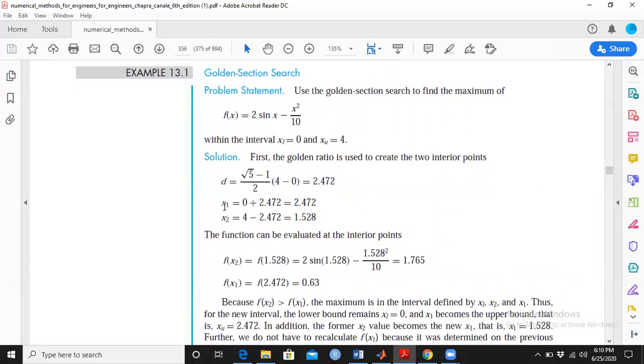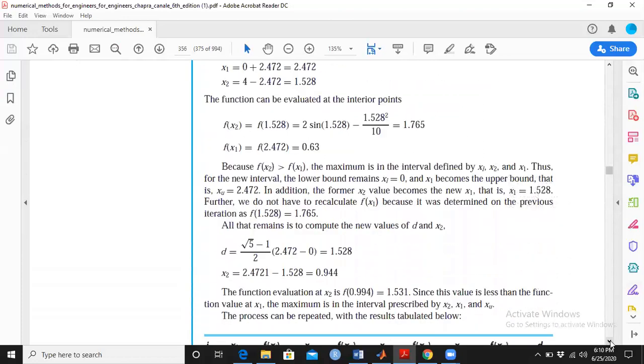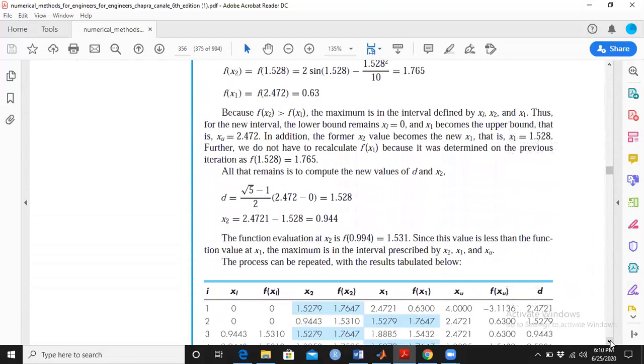Next step is to find x1 and x2. After that, find f of x1 and f of x2. Compare the two values. We can see that f of x2 is greater than f of x1. Therefore, we will select the relevant subinterval, and the process will continue till we get the maximum.